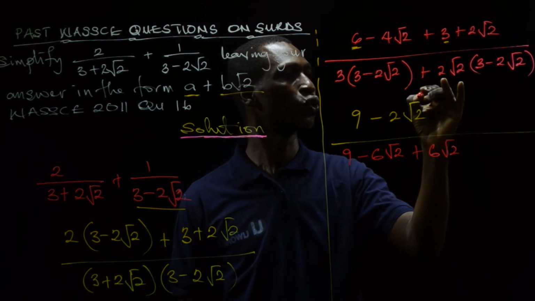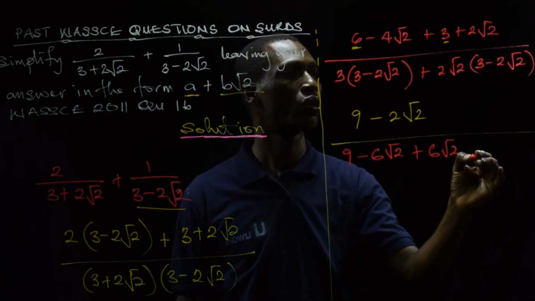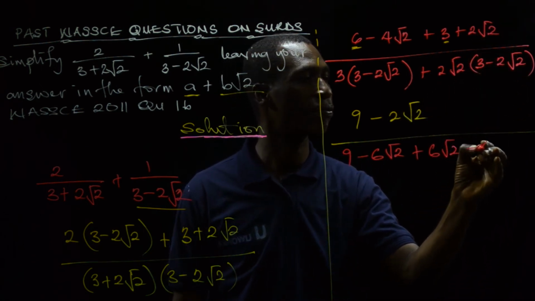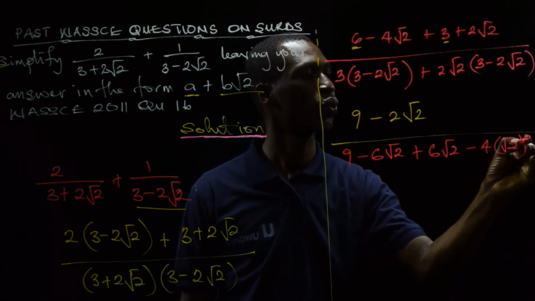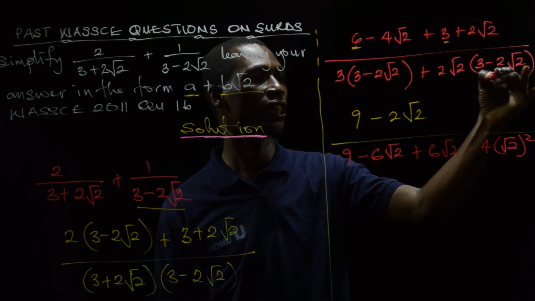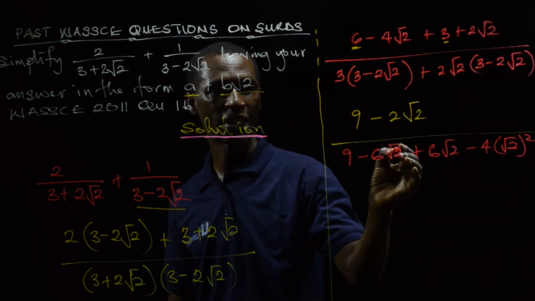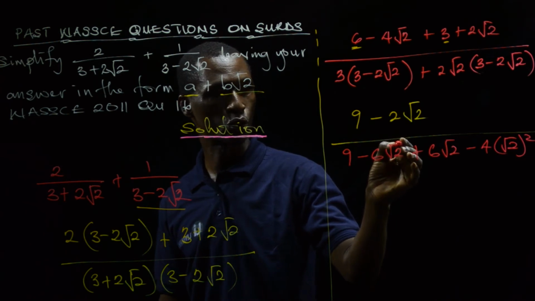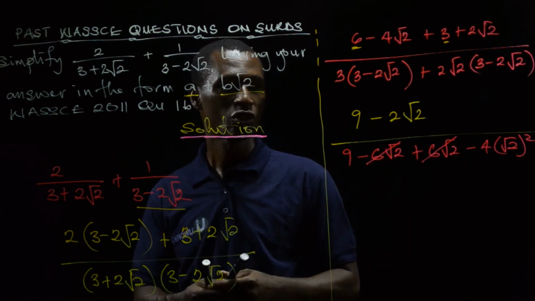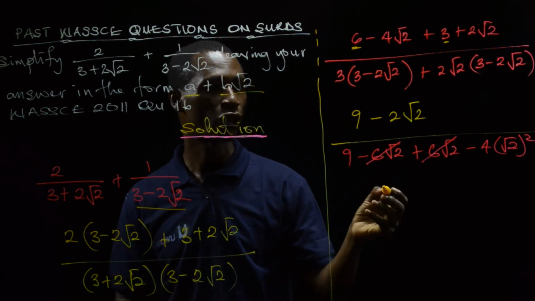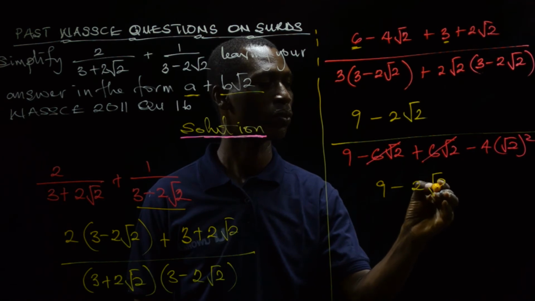Then 2 root 2 times negative 2 root 2 is going to give me negative 4 root 2 squared. That means there's root 2 here, there's root 2 here. Okay, now we have negative 6 root 2 and positive 6 root 2. They will equate. So when they equate, I'll have the top here to be 9 minus 2 root 2.